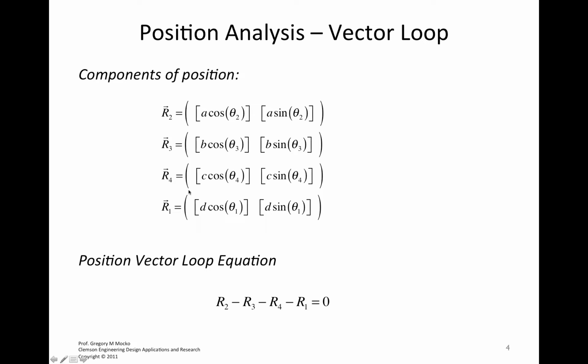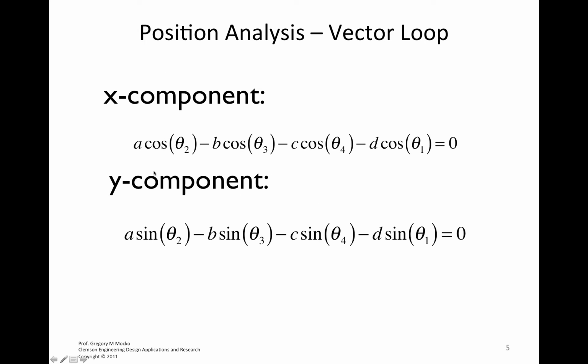So we've got, again, the x and the y components. We put them into our vector loop expression, which we derived previously, and we can collect those x and y components. So our x expression and our y expression are given here.